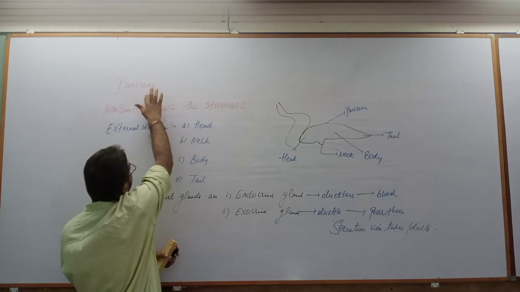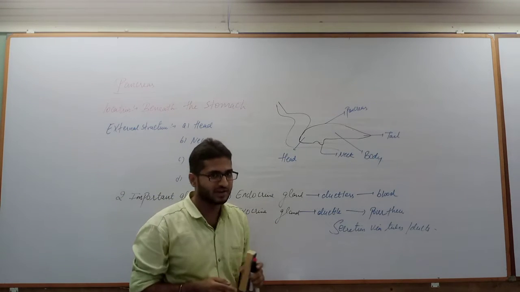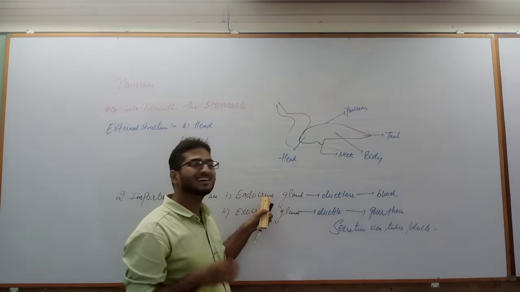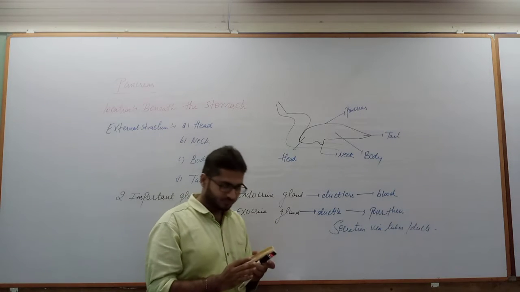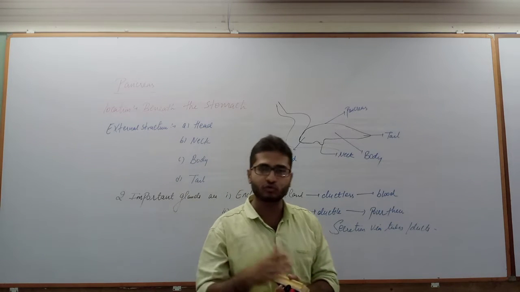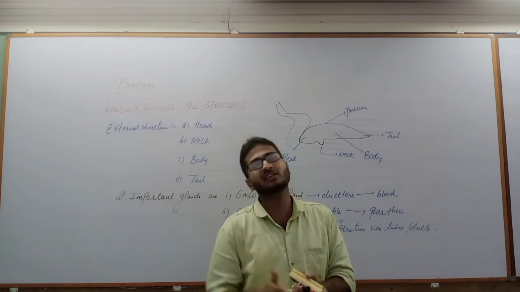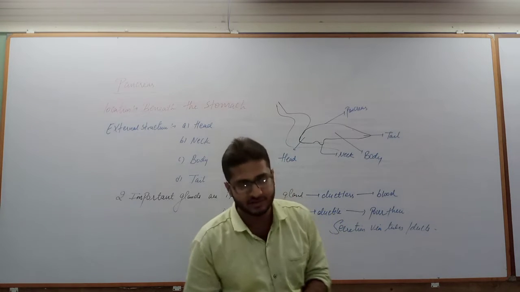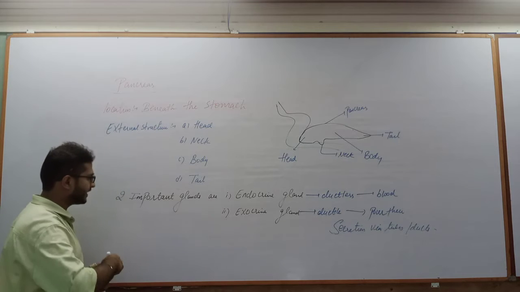Now, what about this pancreas? Under which classification does the pancreas come? Classification wise, the pancreas has both types of structure. The pancreas acts as an endocrine gland as well as an exocrine gland. And the gland which acts as both, such glands are called heterocrine glands. So one more definition for you, heterocrine glands.